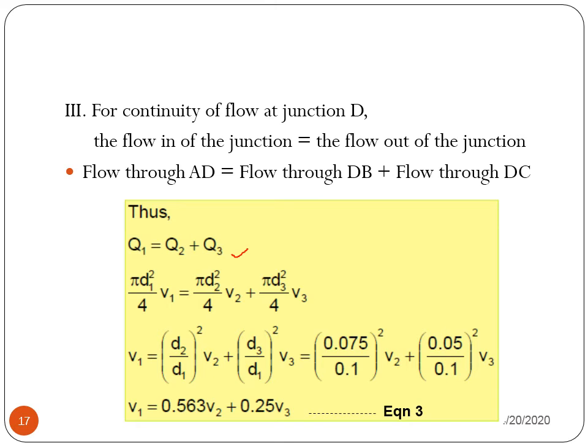Rearrange the formula till you get equation number 3. Make sure you substitute diameters 1, 2 and 3. Since we have 3 pipes, 1, 2 and 3, you will have 3 unknowns, V1, V2, V3. So we need to have 3 equations, and the last equation is the continuity equation.